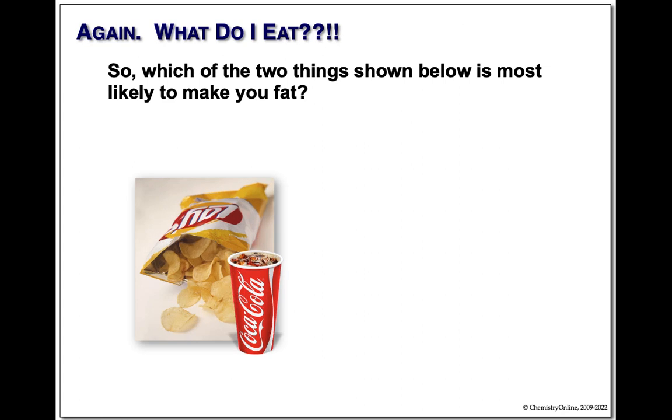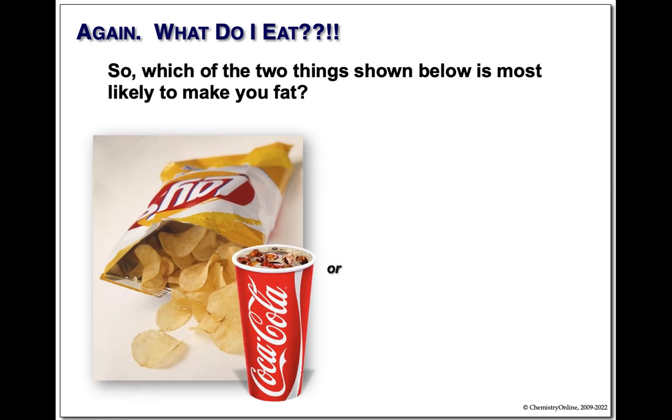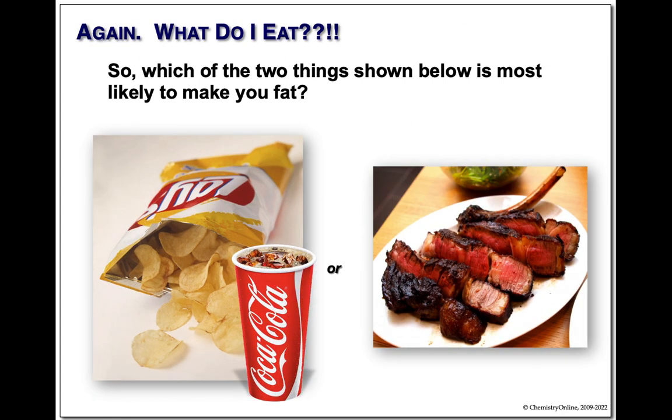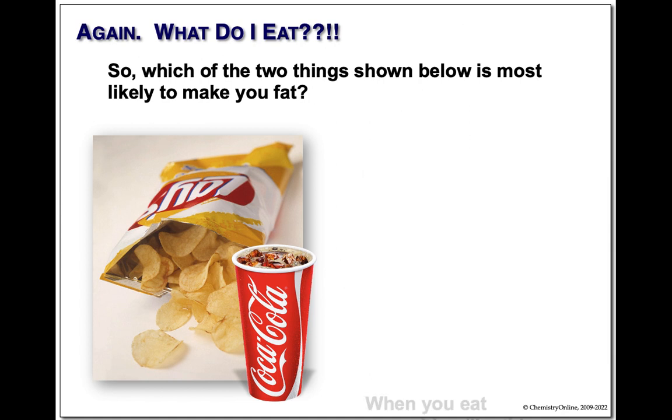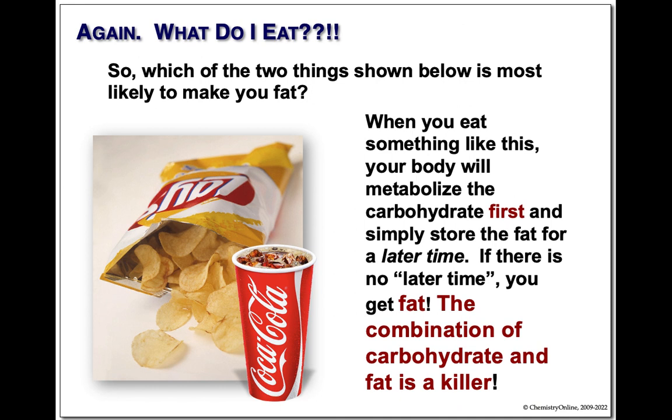So, if you look at chips, which are carbohydrate dipped in fat, and a drink, or a wonderful steak, which is good, which is bad, in this guy, your body will digest the sugars immediately.